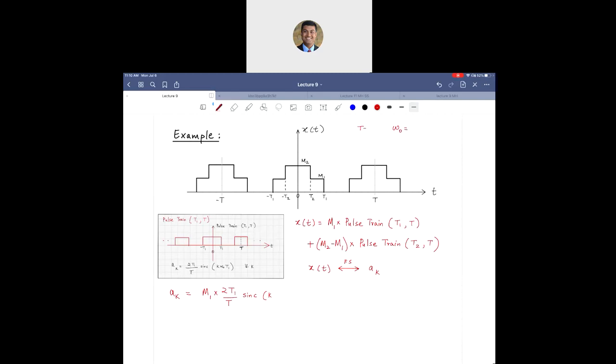Capital T is the time period, which means the fundamental frequency is 1 over T, and omega naught is going to be 2 pi divided by T. So k times 2 pi divided by T times t1, that's A sub k. From the first piece, let me color code this. Let's say we have blue here, so I will use blue for this term and blue for this one.